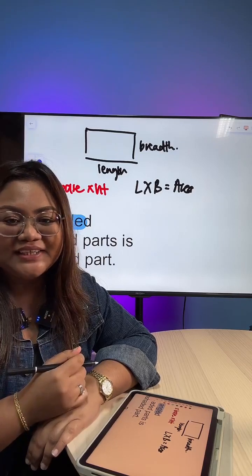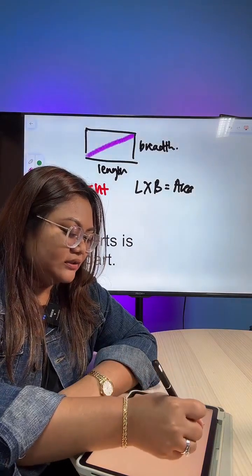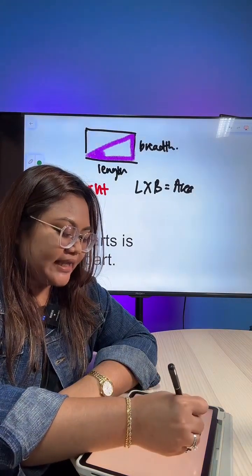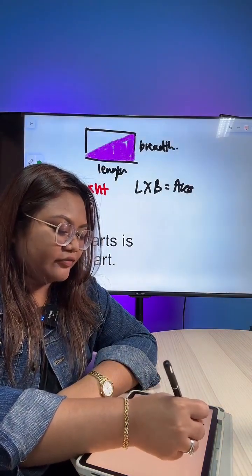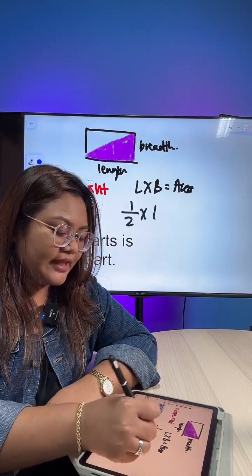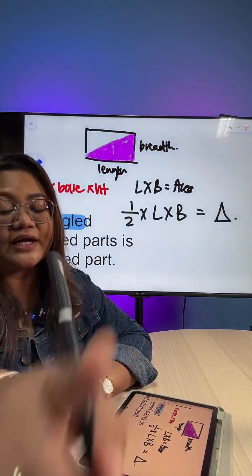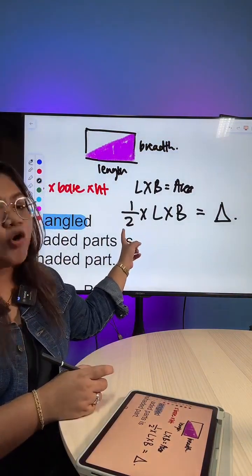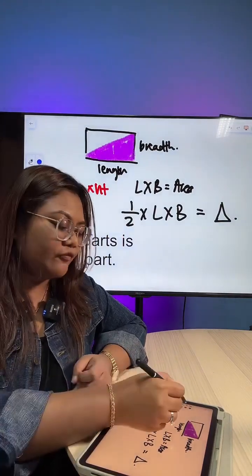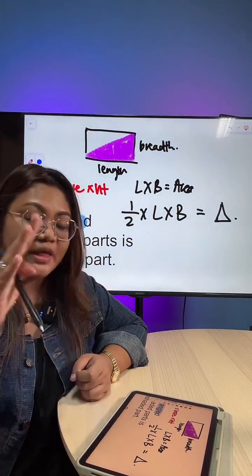Yep. Okay? Tashani, you're right. So from here, if I want a triangle, I just take half of the area of the rectangle. So I will take half of length times breadth to give me the triangle. That's why I got a half for the formula, okay? But of course, we don't want to confuse ourselves with length and breadth.